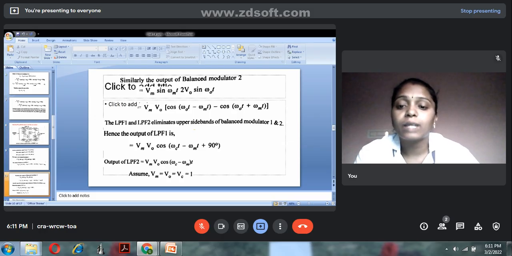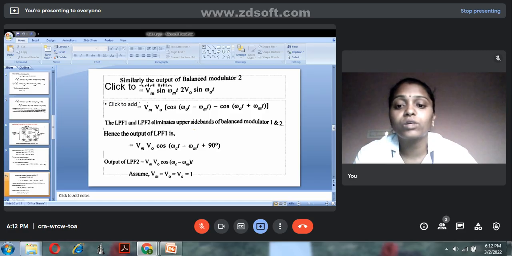Then LPF 1 and 2 will eliminate the upper sideband of balance modulator 1 and 2. So already we have the balance modulator 1 and 2 outputs. In this case, the low pass filter will allow only the lower frequency signals. So the LSB components will be present at the output. The upper sideband, that is the highest frequency components, will be eliminated. So hence the output of LPF1 is Vm V0 cos omega ct minus omega mt plus 90.